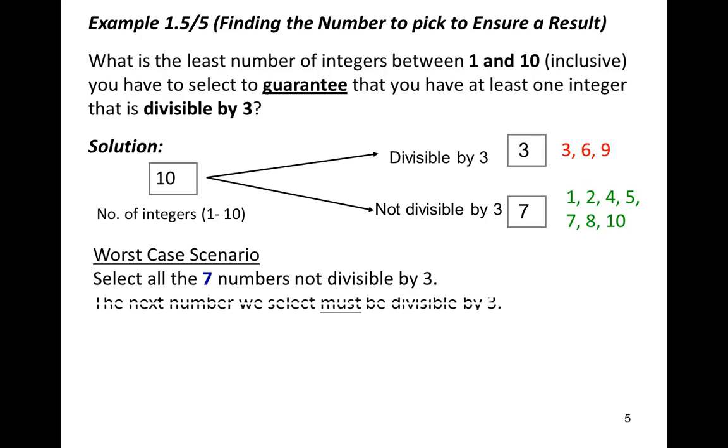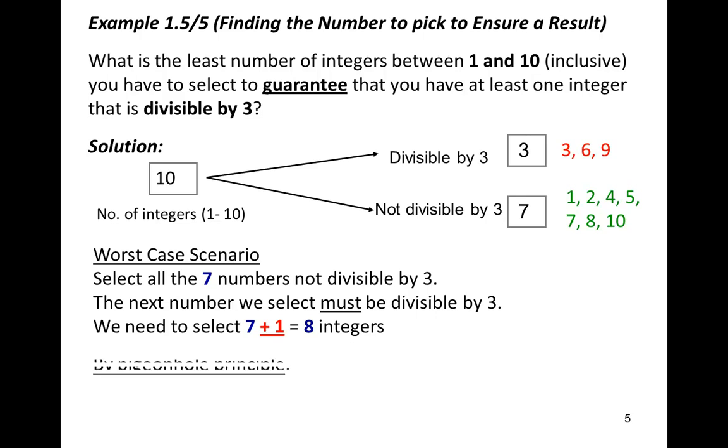Then the next one we pick will definitely have to be divisible by 3. Hence, selecting 7 plus 1, or 8 integers, will meet our criteria. So that becomes our pigeons. And the pigeonholes will therefore be the number of integers just before we meet the criteria, which is 7.